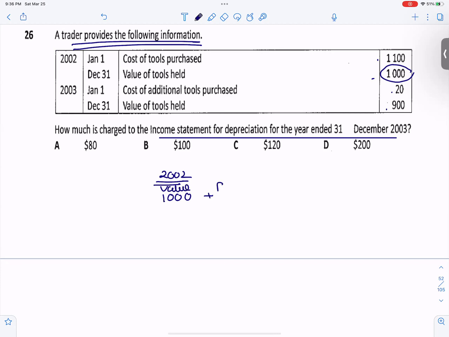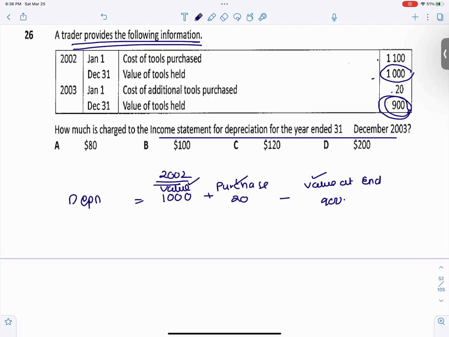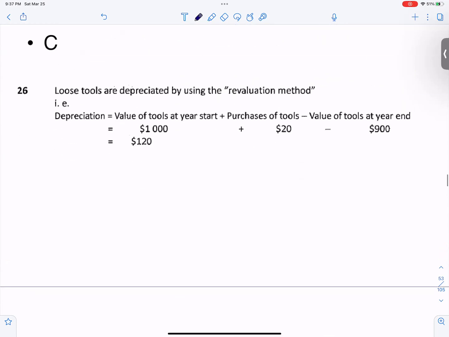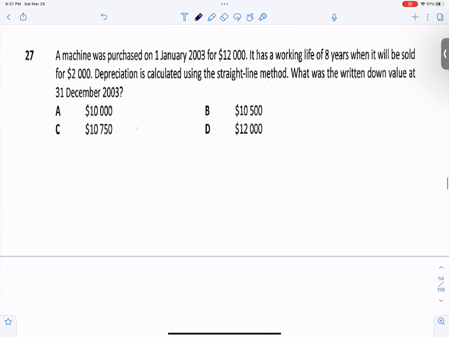Then he purchased another equipment for how much? 20. What is the value at the end? 900. So what is the depreciation? 1,000 plus 20 purchase minus end value, 120. So that's 120. Got it? Let's go to the next one.